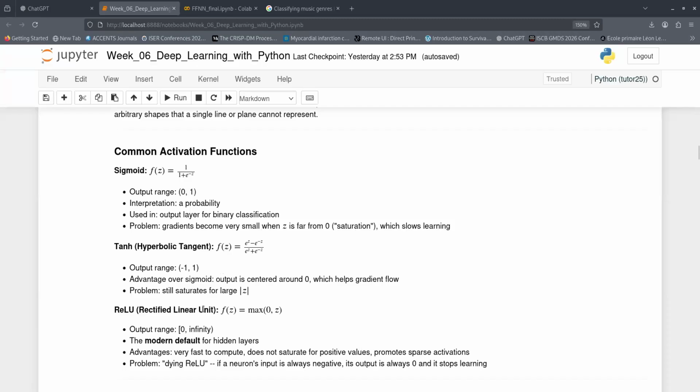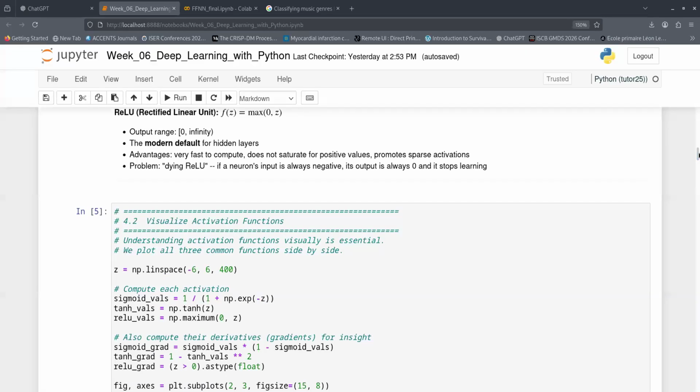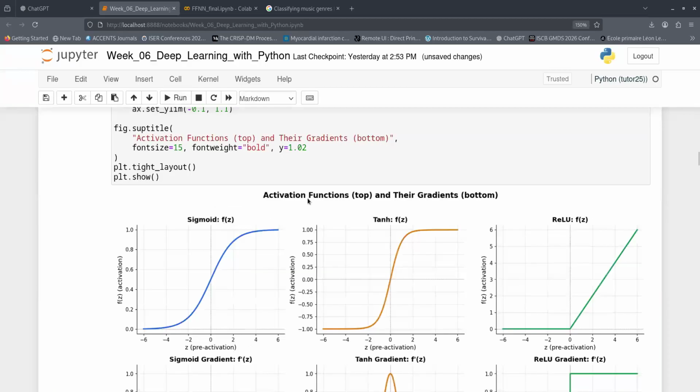So the rectified linear unit. I think there is a code here, so you can visualize all those activation functions and then come back to the explanation. So I just run it. You see the form of the sigmoid.